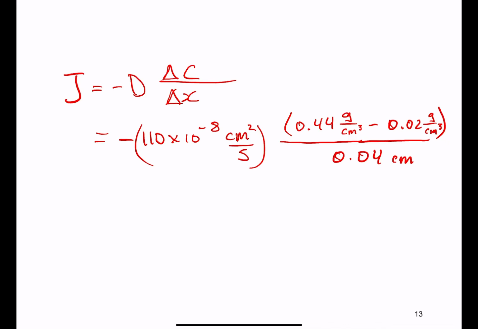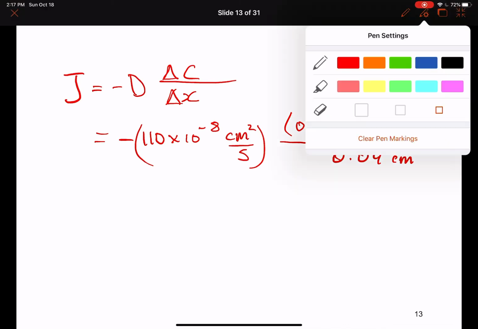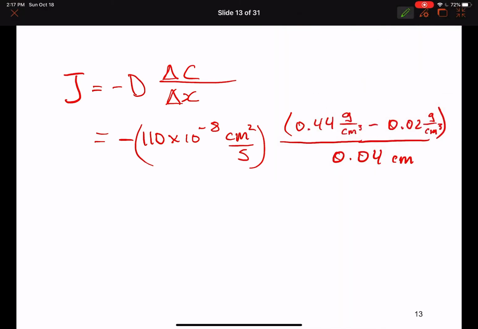And so we can take a quick preview at some units here. When we have these two combined to have the same units as presented, grams per centimeter cubed will be the outcome of the numerator. We're going to divide through by centimeters again, so I'm expecting the outcome of all of this to give us grams per centimeter to the power 4. I recall that our units for flux should be grams per area, so centimeters squared, and then per time, so per second.